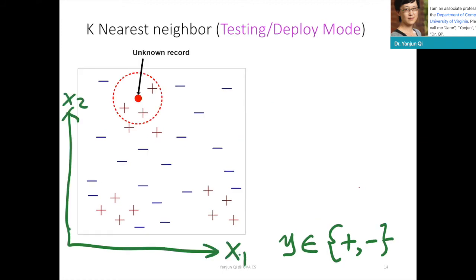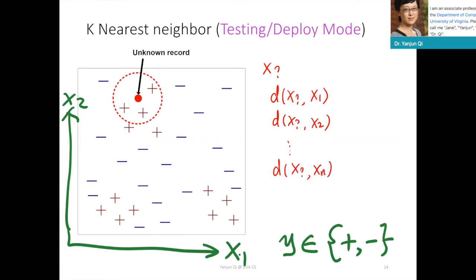And then in the testing or deployment mode, when a future point comes in, for example, the X question mark, like I repeated saying, I need to calculate this X question mark versus my first training data, versus my second training data, until my Nth, assuming N is the training size.